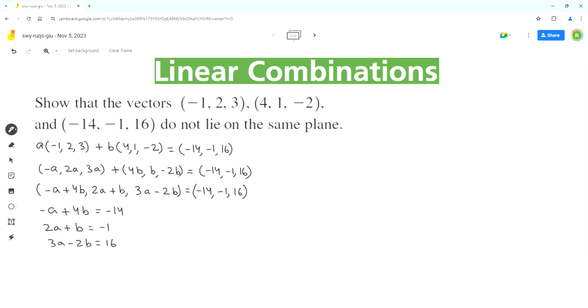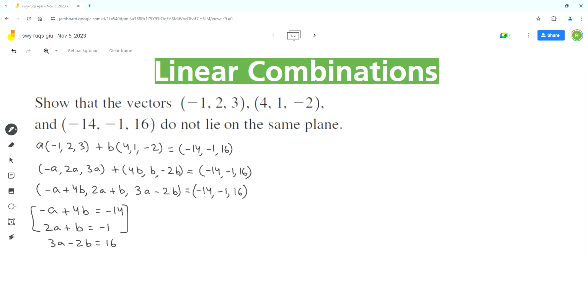Now we have to solve two of these three equations and find the values of a and b, and then we'll sub in those values of a and b in the third equation to check whether those values satisfy the third equation. So we can use any of the two equations to find the values of a and b. So we can use the first two equations.